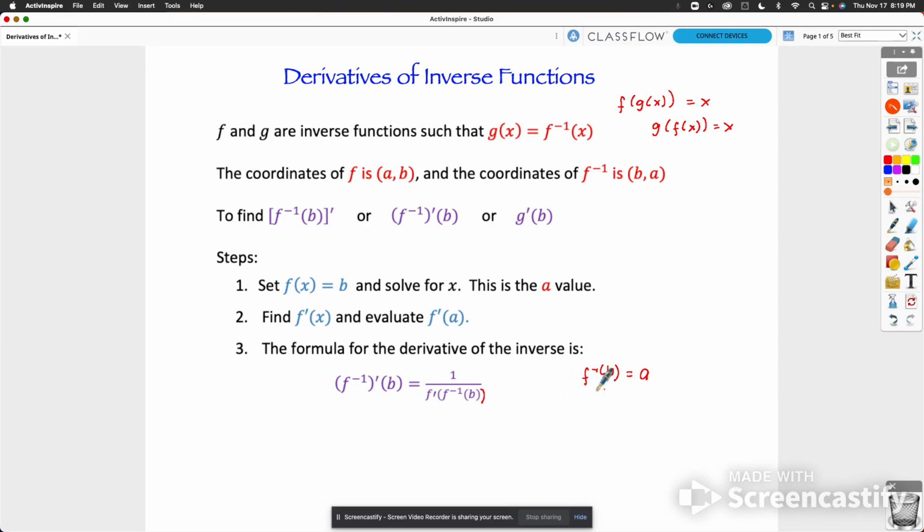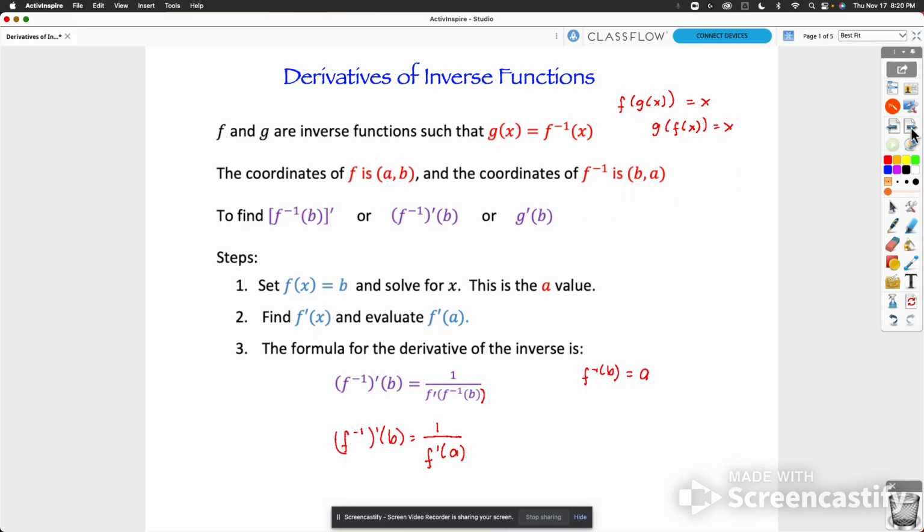Substituting it here, we get f inverse prime of b is equal to 1 over f prime of a. So in the third step, after finding f prime of a, you take the reciprocal of that, and that would be the derivative of the inverse at b.